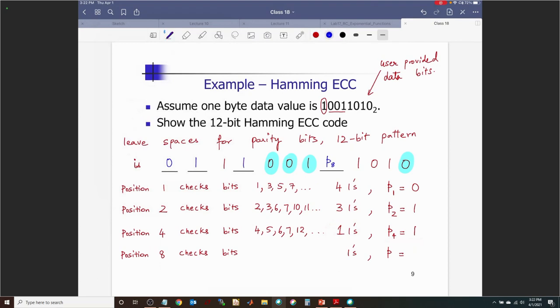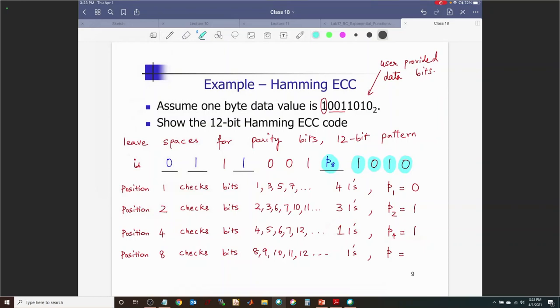Done. P8. What does P8 check for? It checks for 8, 9, 10, 11, 12. So 8, 9, 10, all of those. Let's highlight those before I get rid of this. In blue, I've got from 12, 1, 2, 3, 4. That I need to find. So that's a total of 12, right?